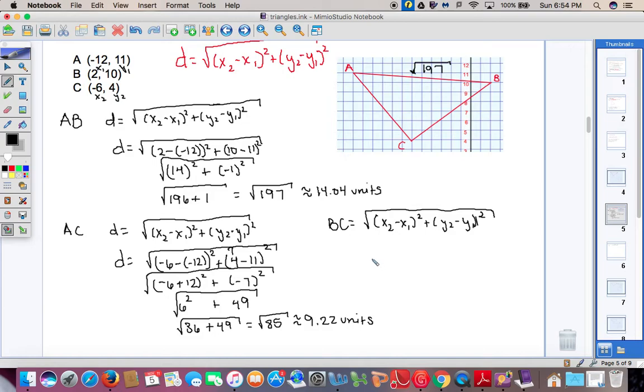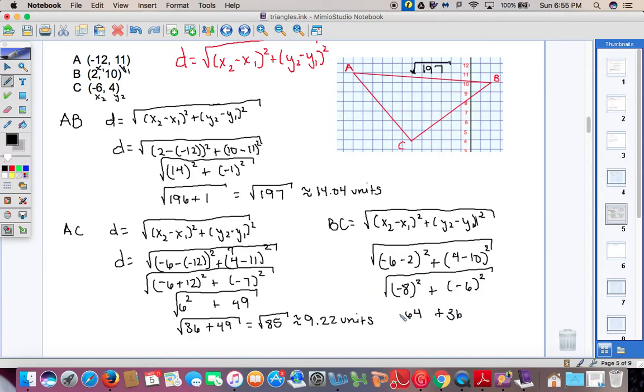So I would say -6 minus 2 squared plus 4 minus 10 squared, which would be -8 squared plus -6 squared, or 64 plus 36.